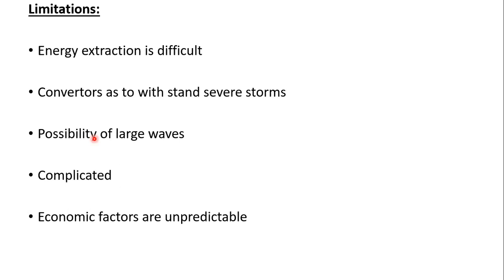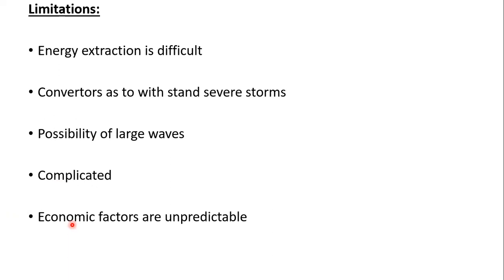And the fourth one is complexity. Because it is constructed in the oceans, the wave energy conversion devices that have to be proposed also become complicated. And the last one is the economic factors. It is unpredictable; we don't know how much energy we will get, so we cannot predict it.